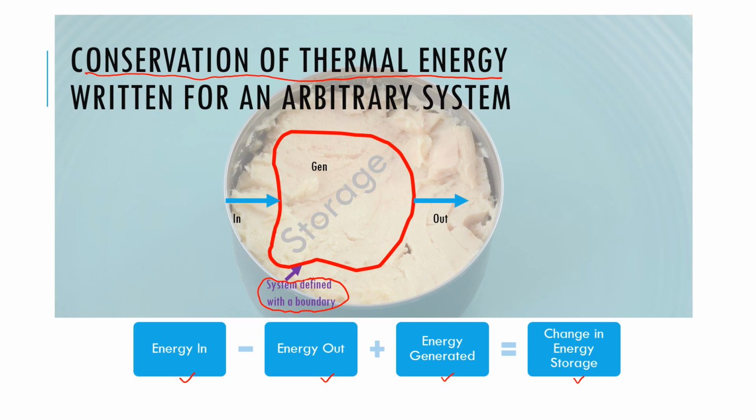But once I define this boundary here, this is my boundary, then I apply this conservation principle that says energy coming in minus energy going out plus energy generated should be equal to the change in the energy storage.